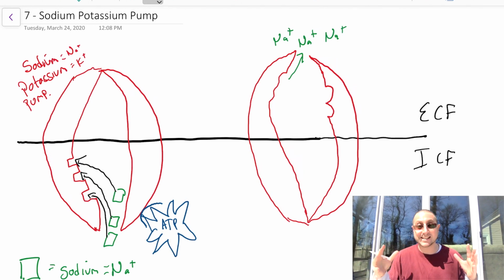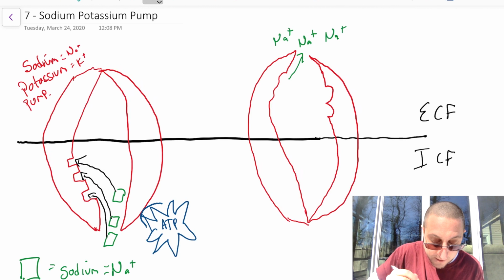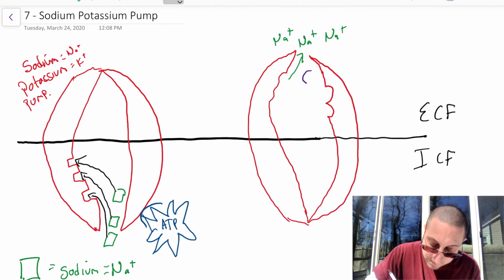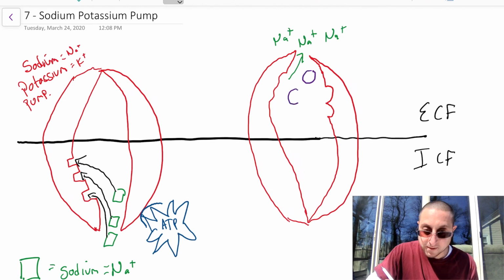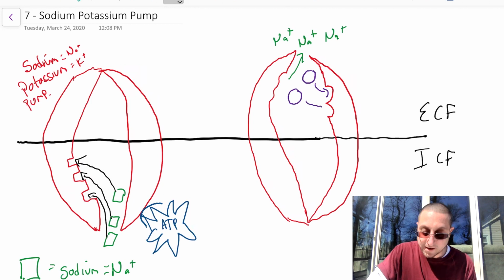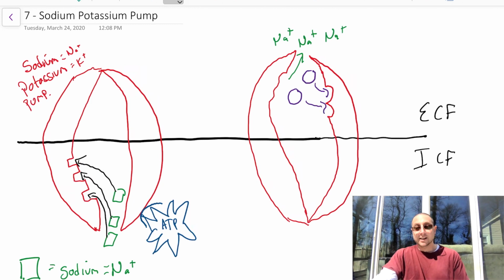But look what opened up. We have potassium binding sites. So we're going to use the circle ones over here, and these potassiums are over here free floating, outside there. And they are going to go and bind in there. Now again, it's negative on the inside, and it's positive on the outside, so we're going against the gradient.